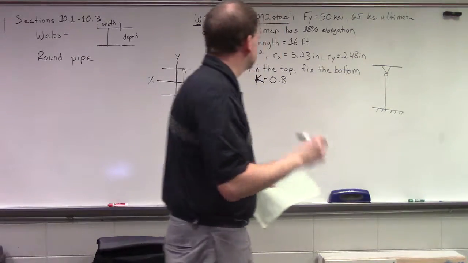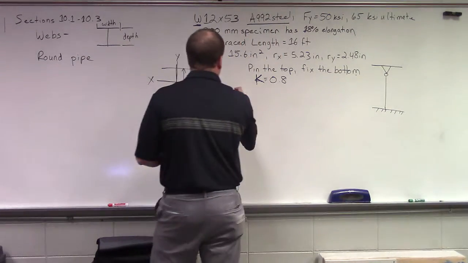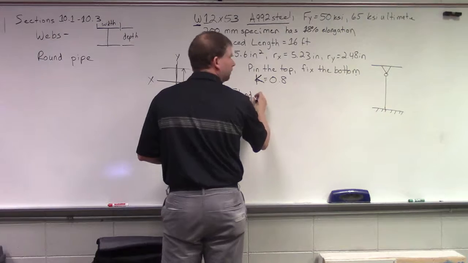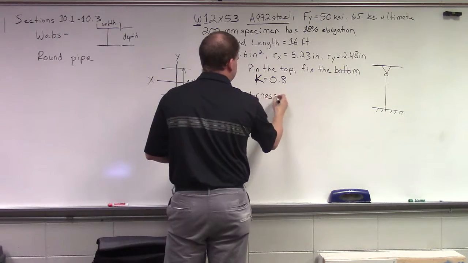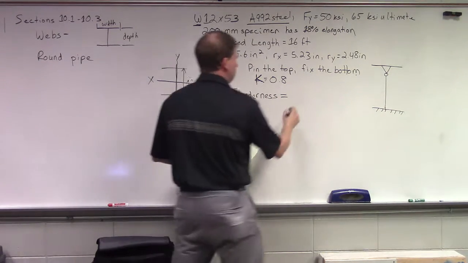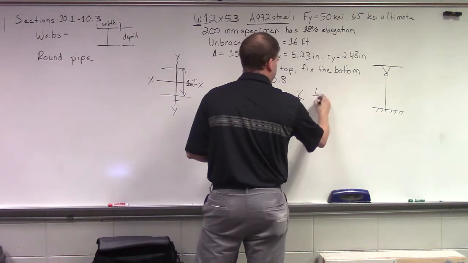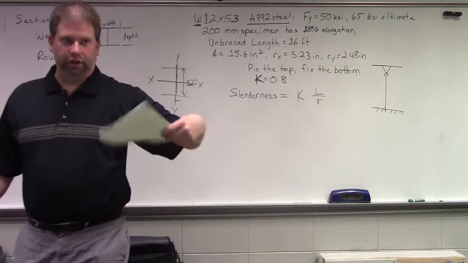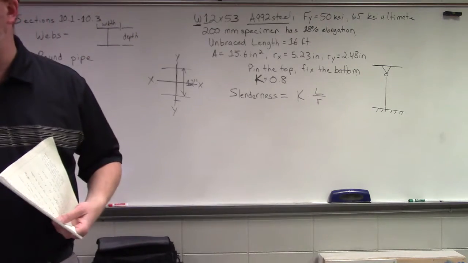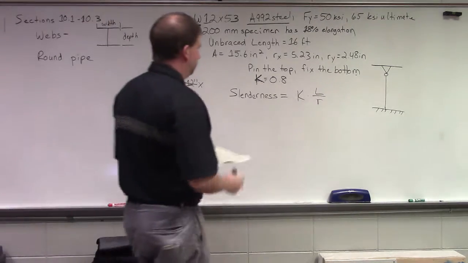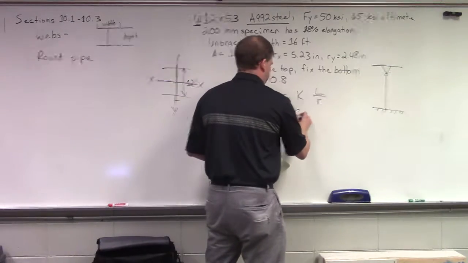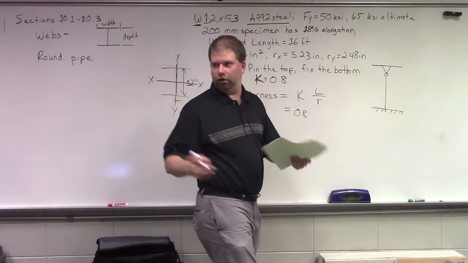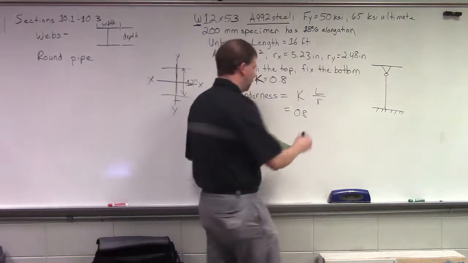Okay, so slenderness. What do we need to calculate here? Our slenderness is K times L over r, right? Here all we've done is change our K value.